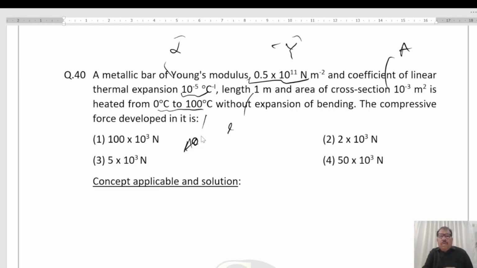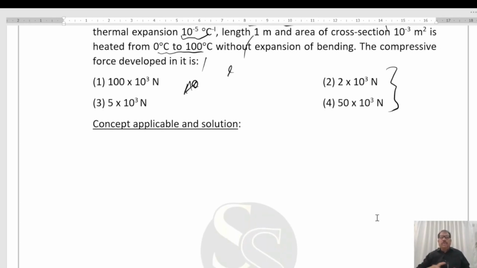Without expansion, the compressive force developed in it is? Its answer can be given orally. There is a direct formula, but before that, I will use basic concepts applicable in this case.